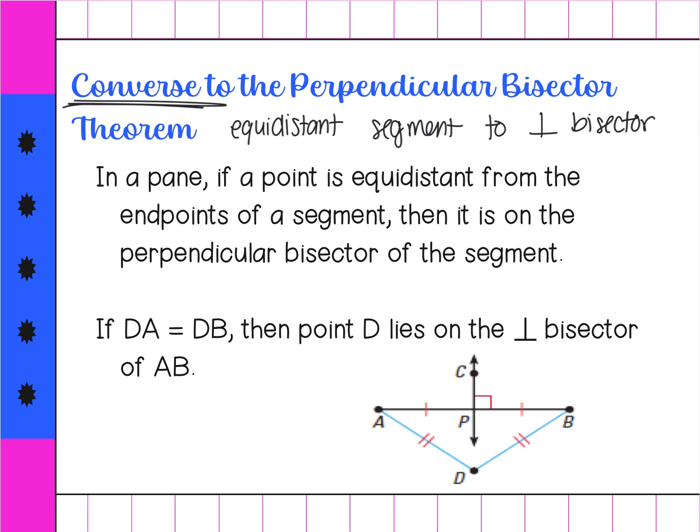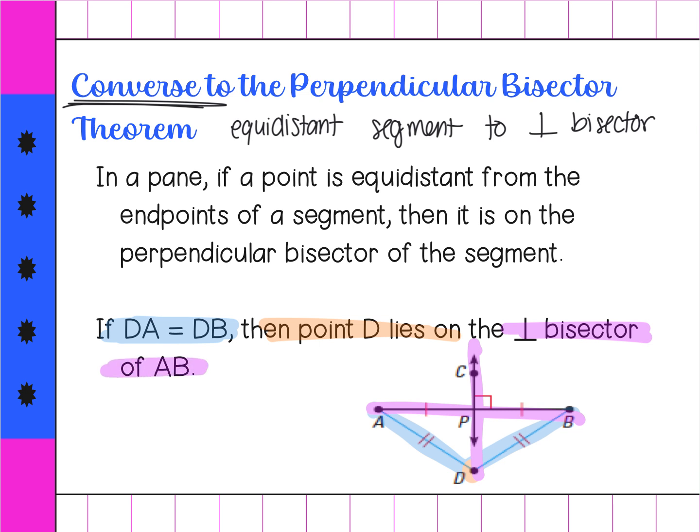Okay? So reading this one, it says in a plane, if a point is equidistant from the endpoints of a segment, then it is on the perpendicular bisector of the segment. So I'm doing the opposite again. Looking at what they're giving me, they're saying if DA is, again, congruent, equal distance, then point D, here's point D, lies on the perpendicular bisector of AB.